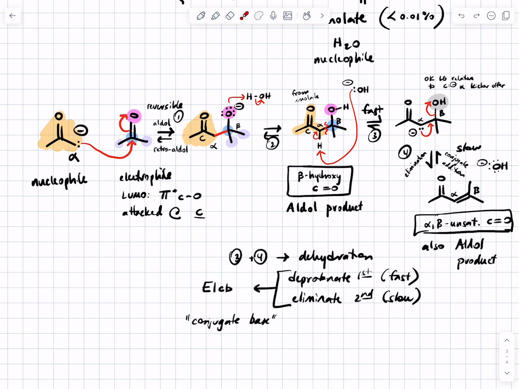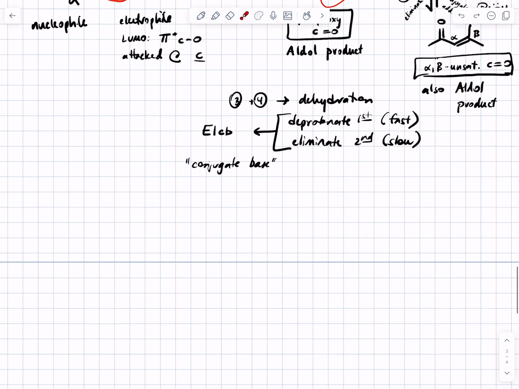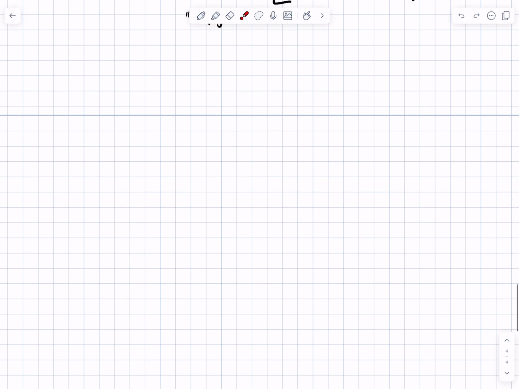All right, we're going to make this so much worse before it gets better. Are you ready? Let's do a little bit of retro thinking. Okay, this is an aldol product, and I'm going to ask you, what was the starting material?